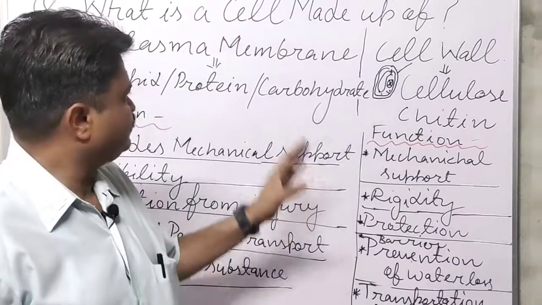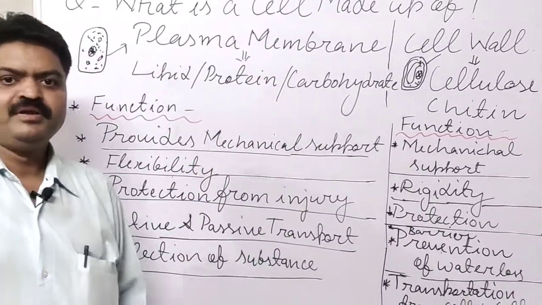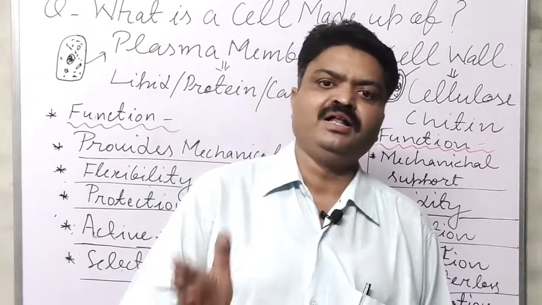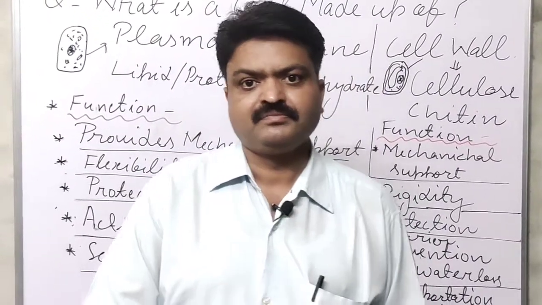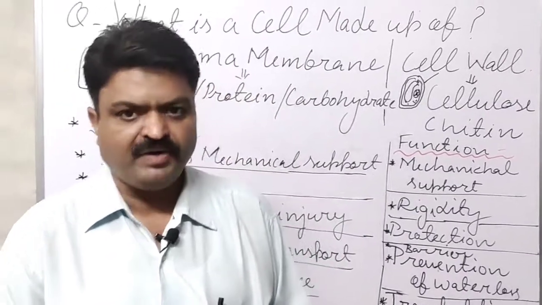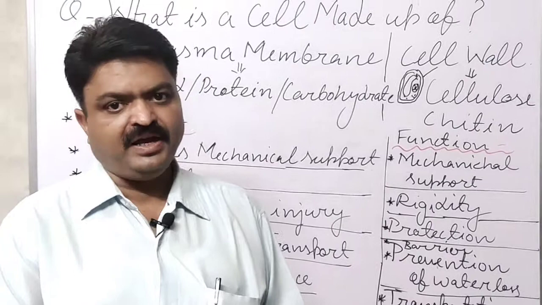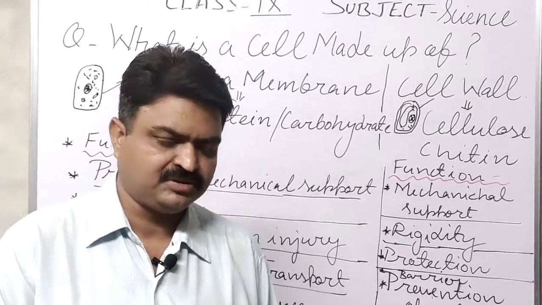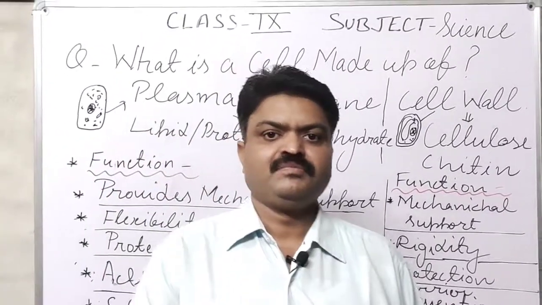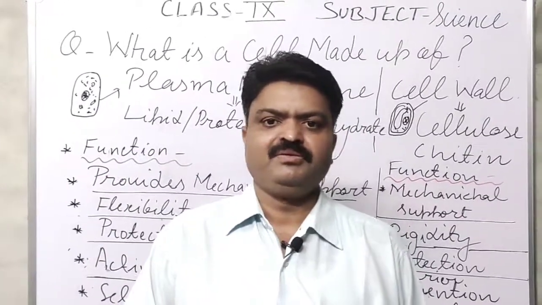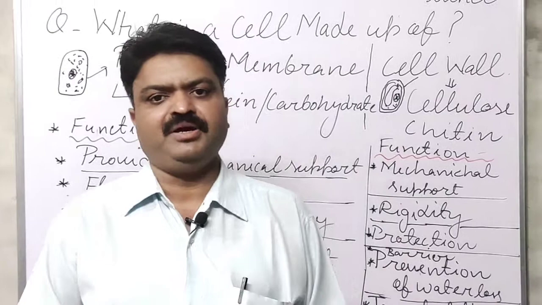Yes student, plasma membrane. It is an important structure and it is the outer covering of all the animal cells, and it is also found in the cells of protozoa. Means animal cells or protozoal cells or protist cells are covered with the help of plasma membrane, and it is also known as cell membrane.